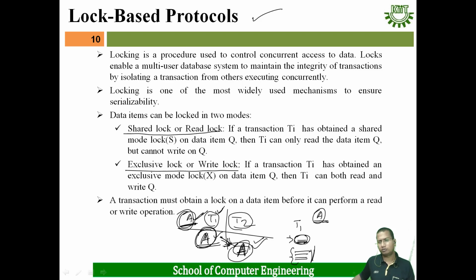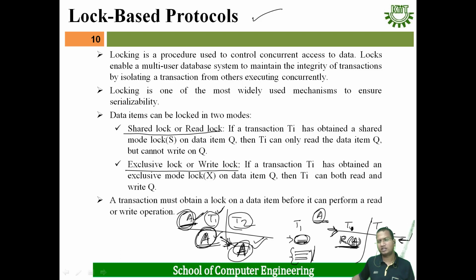Suppose two transactions T1 and T2 are there, and one instruction is there, read A. Then first T1 has to apply a lock on A. How will T1 apply a lock on A? First T1 will request a lock from the concurrency control manager.